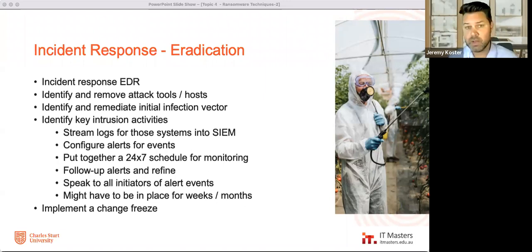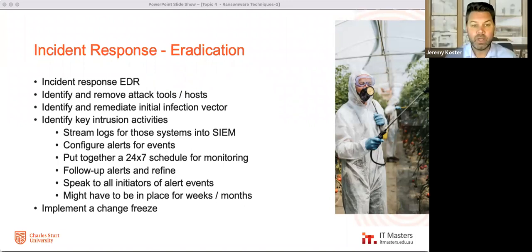You might use your existing EDR: you find the artifact, then use that to eradicate, respond or contain as well. EDR can be used to contain and isolate machines. Then we want to identify the attack tools that the attacker used and make sure those hosts are clean and the attack tools are removed. Remediate the infection vector that we initially found, and those key intrusion activities.